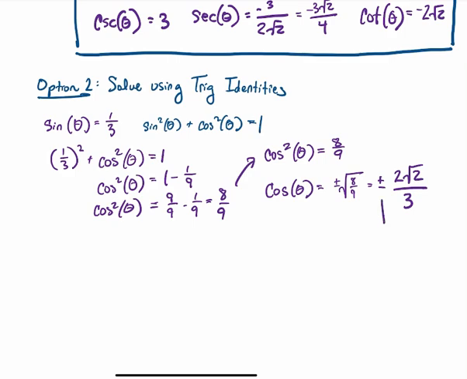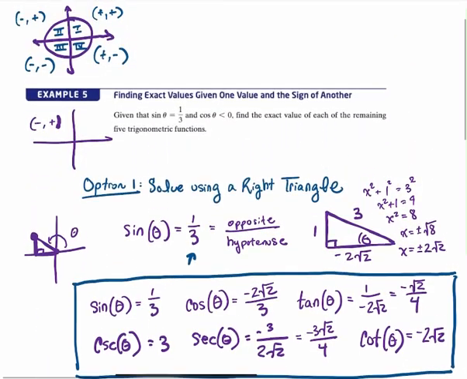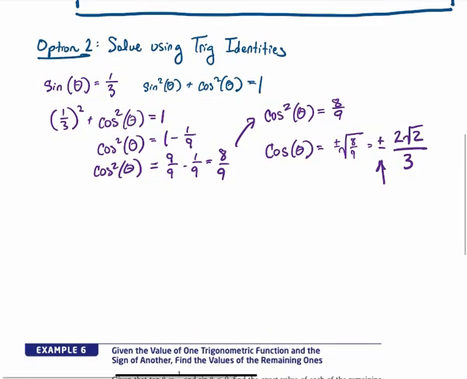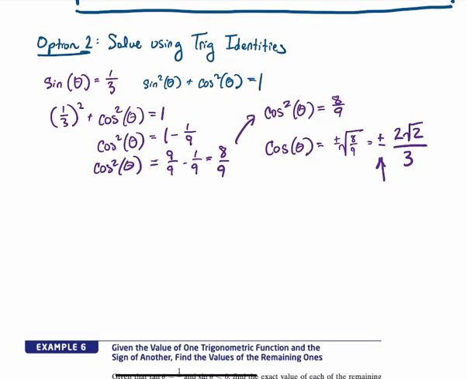But we have this plus or minus. So remember in the description in the problem we said cosine was less than 0. So let's use that fact here. We know that cosine of theta is less than 0, so we should take this negative. Should be negative.